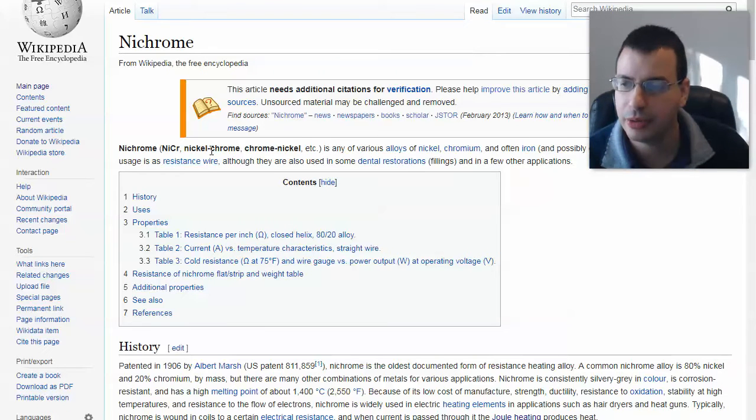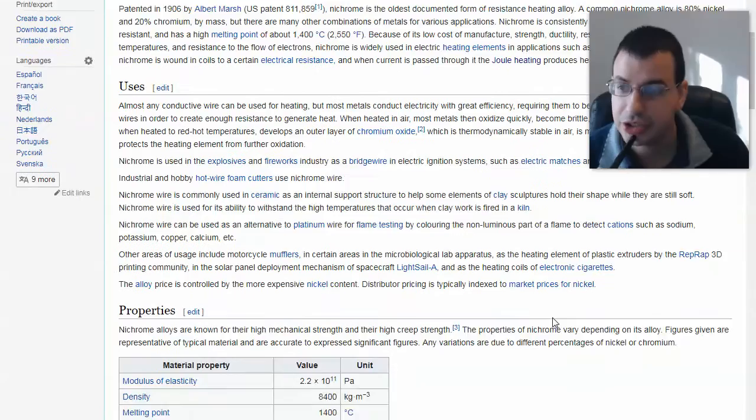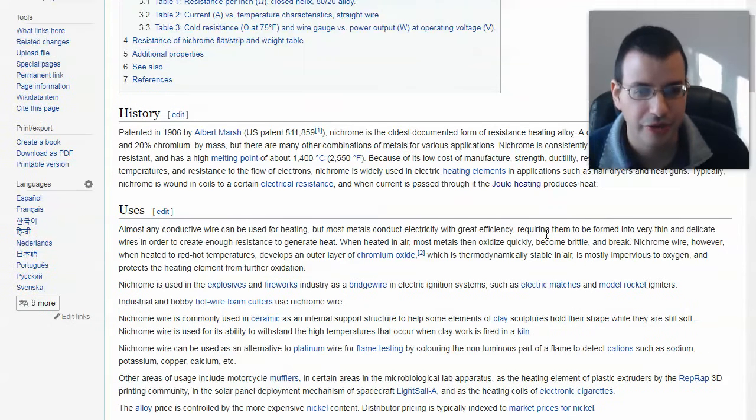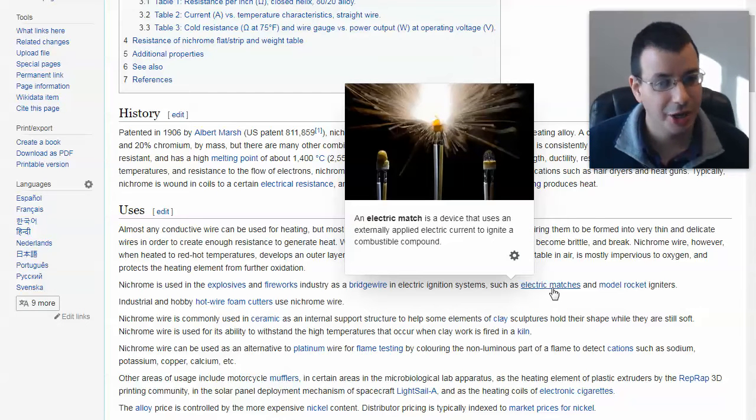Nickel chromium, chrome nickel, is any of various nickel alloys and often iron. A few other applications: resistance wire, and also dental fillings. Almost any conductive wire, but most metals conduct with great efficiency, requiring them to be formed into very thin, delicate wires. So it's a slightly less competent conductor.